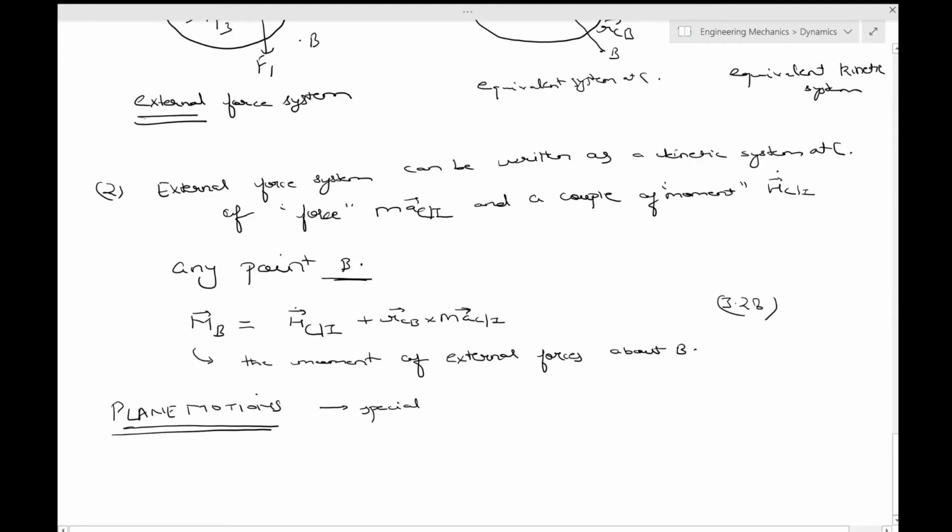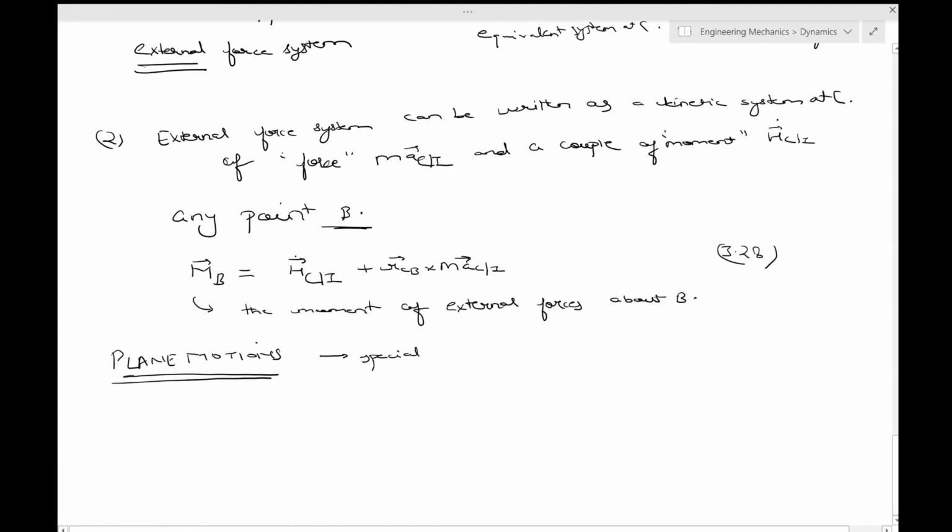So let's take up one motion of a rigid body with E3 equal to constant, that is omega is equal to omega E3 hat.